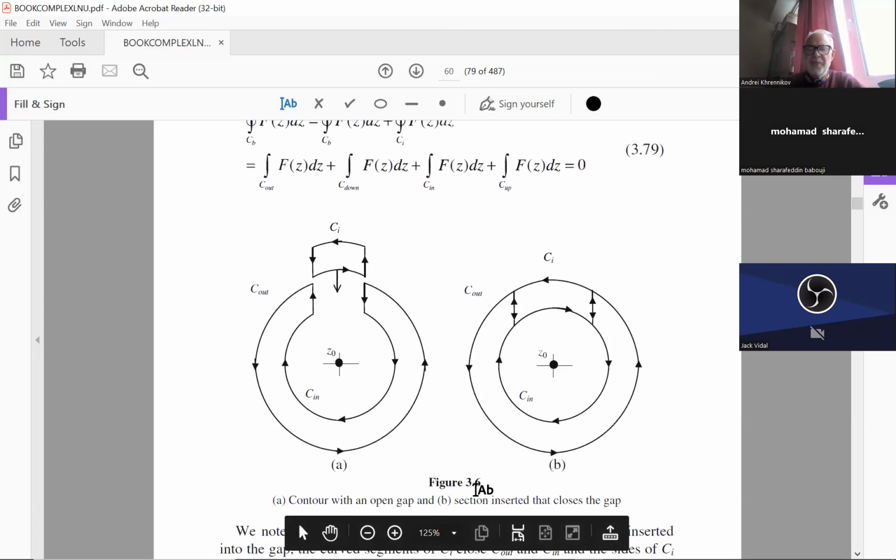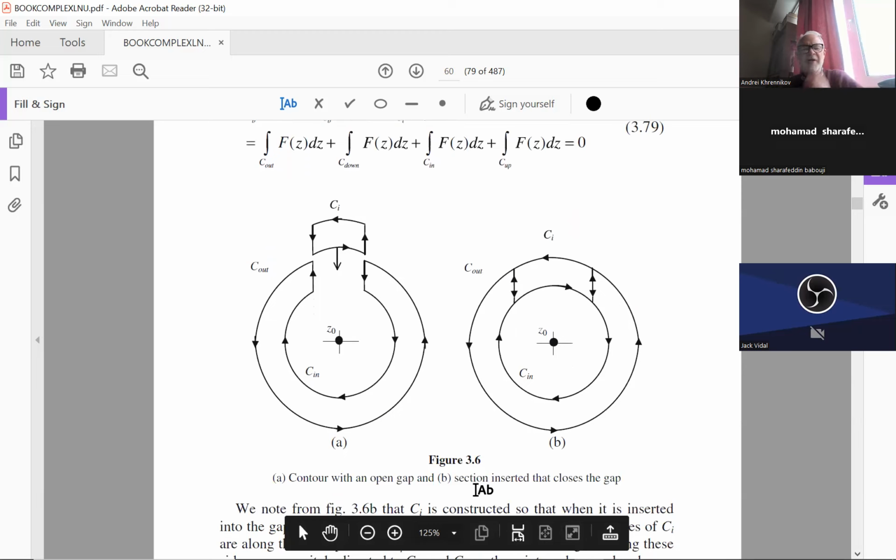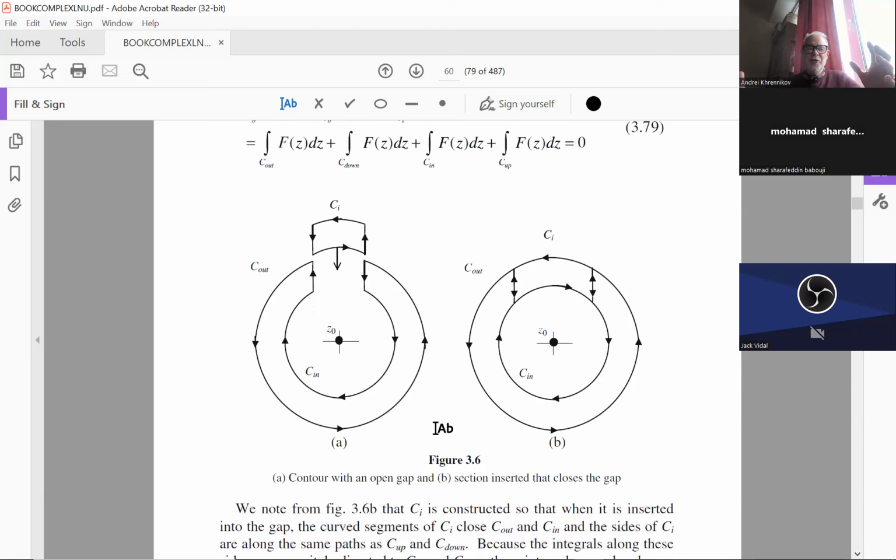They suggest another proof. It's good, but maybe it's too complicated. They told how to close the gap. They make another contour. This contour is also closed. The function is analytic here, so the integral is also 0. This 0 plus this 0 is still 0.